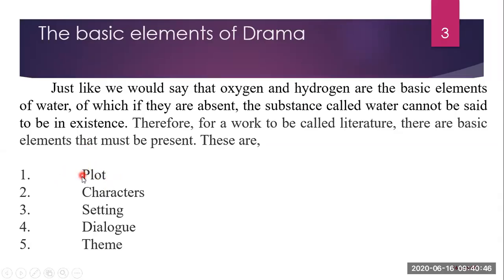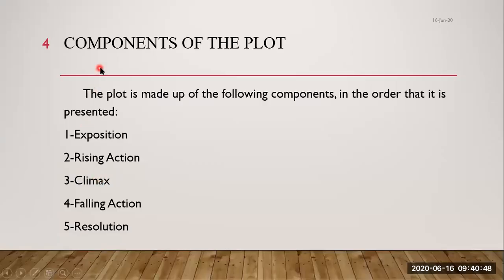Let's see plot. There are components of the plot. The plot is made up of the following components in the order that it is presented. The first component is exposition. Second, rising action.